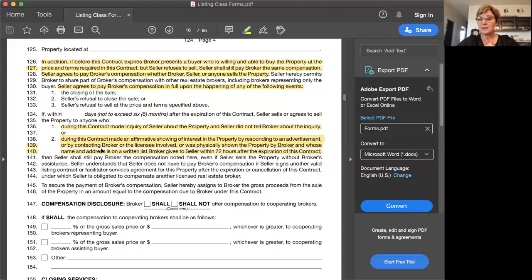And if anyone on that list comes to you after the fact and now wants to buy the property and you want to sell it to one of them, you will still allow me to represent you and you will be paying me my fee.